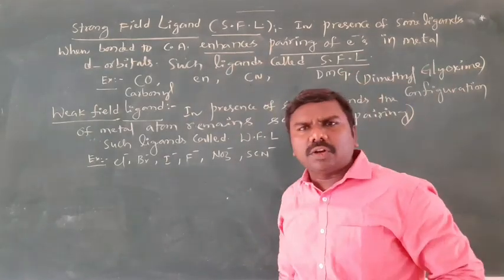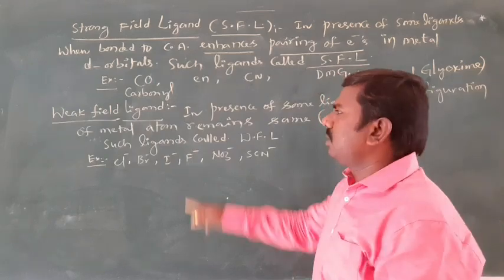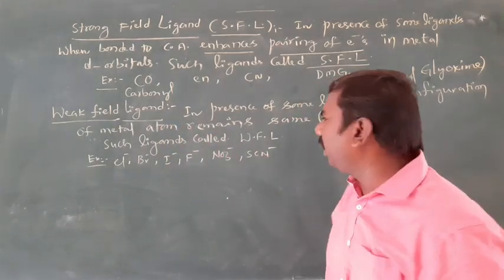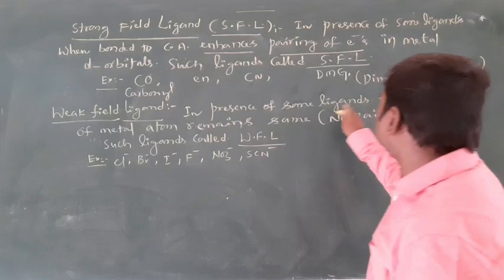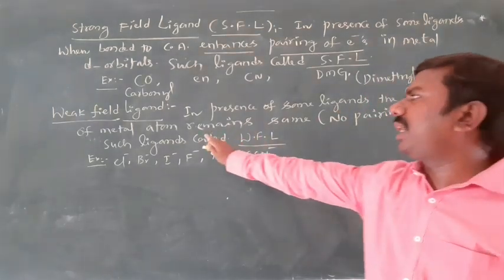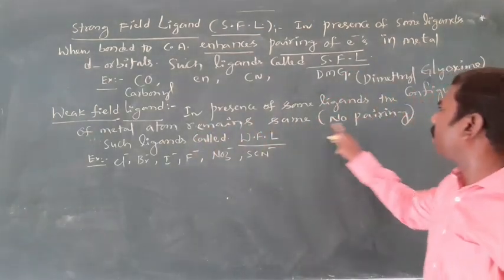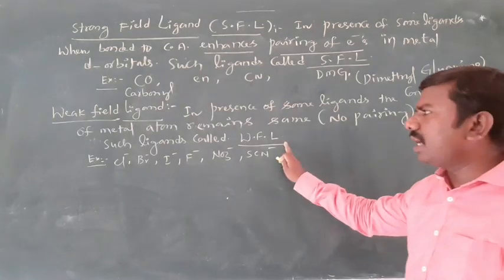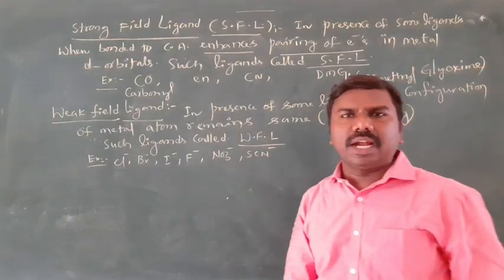If no pairing, the configuration is as it is, such ligands are called weak field ligands. In presence of some ligands, the configuration of the metal atom remains the same, no pairing. Such ligands are called weak field ligands.